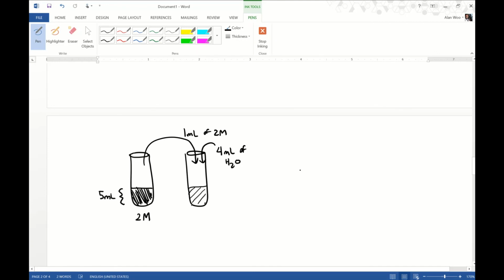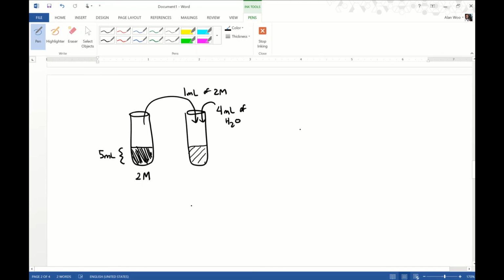Now, what type of volume to volume dilution is this? Well, you've only taken one part, so there has to be a 1 in here. You've added 4 mils of water, so 4 plus 1 is 5. So this is a 1 to 5 dilution or a 1 in 5 dilution.